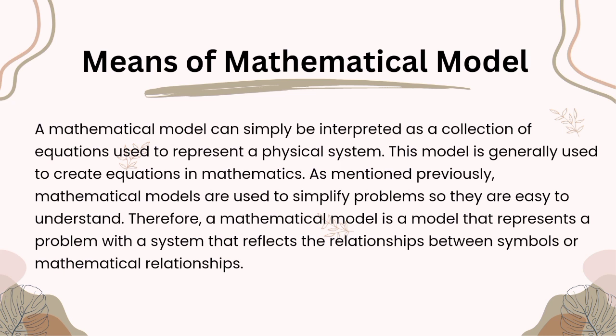As mentioned previously, mathematical models are used to simplify problems so they are easy to understand. Therefore, a mathematical model is a model that represents a problem with a system that reflects the relationship between symbols, a mathematical relationship.